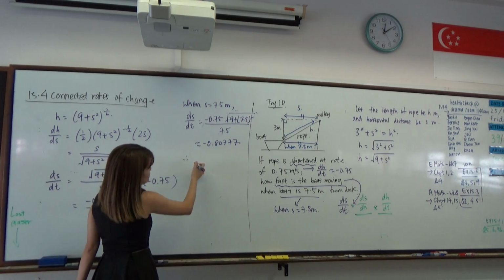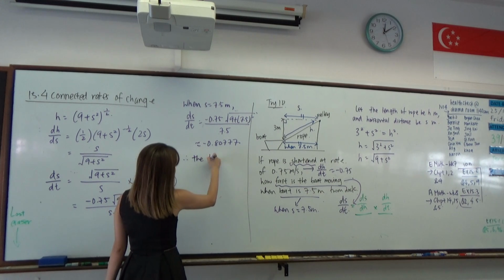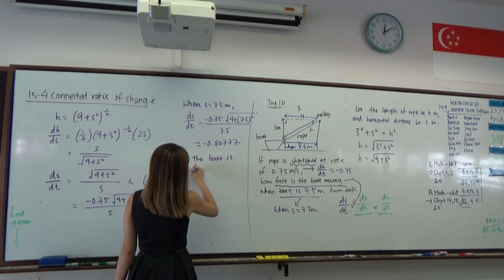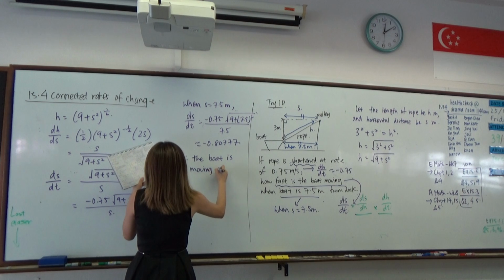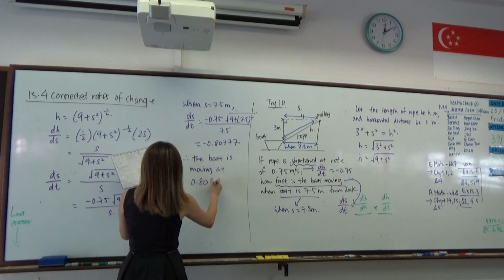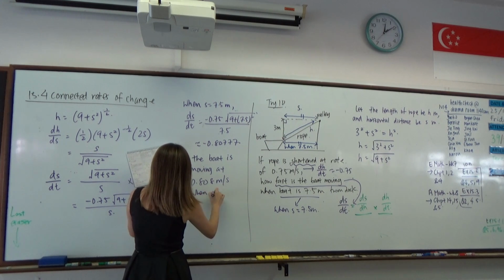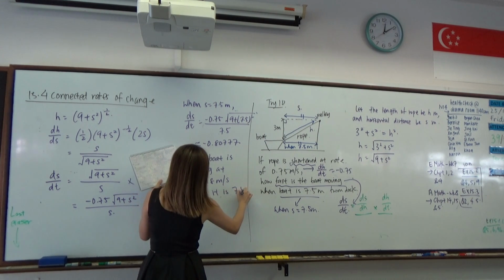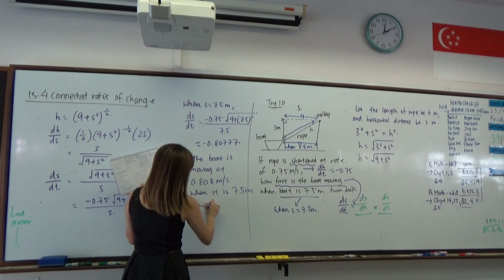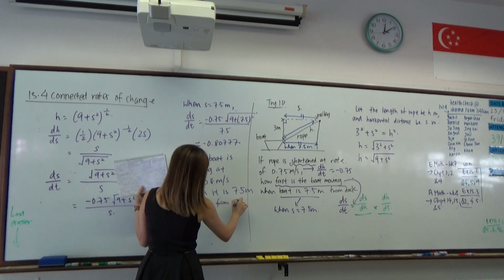Alright, so therefore answering the question, the boat is moving at 0.8083 to 5 SF when it is 7.5 meters away from the dock.